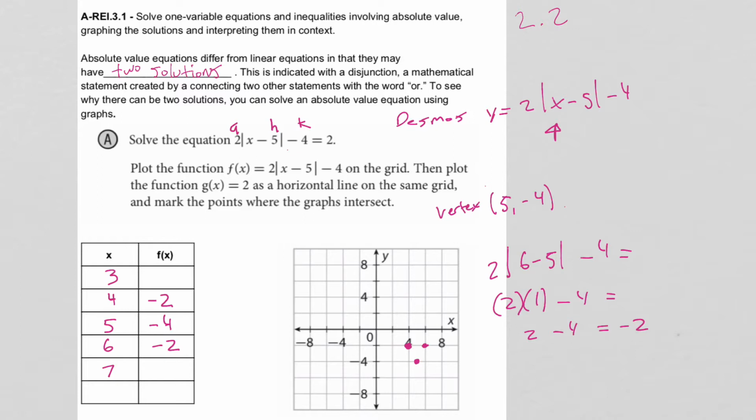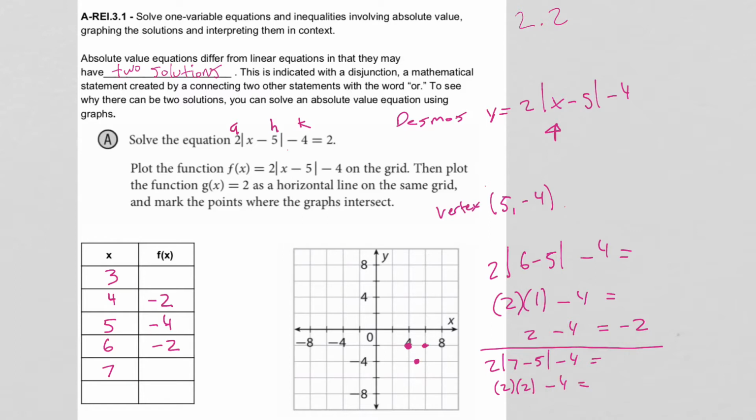And we can try one more. Let's see here. What happens if I plug in 7? 2 times the absolute value of 7 minus 5, minus 4. You're going to get the absolute value of 2, and it's going to be 2 times 2 minus 4.